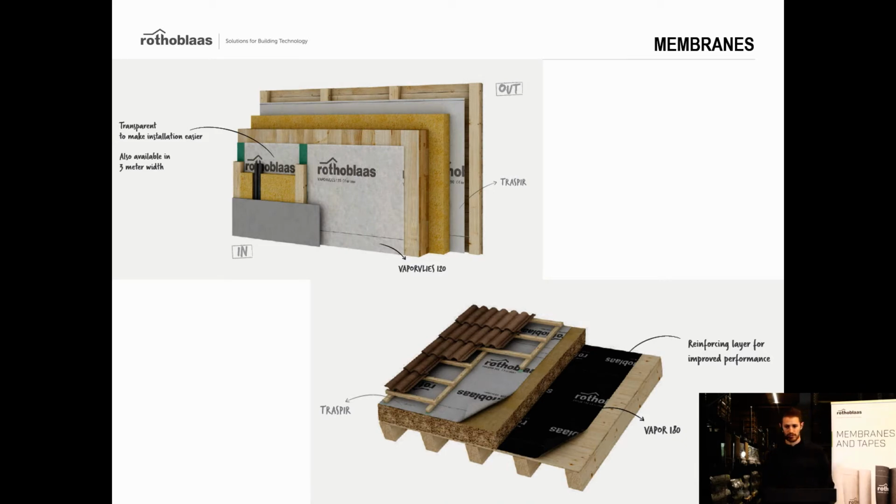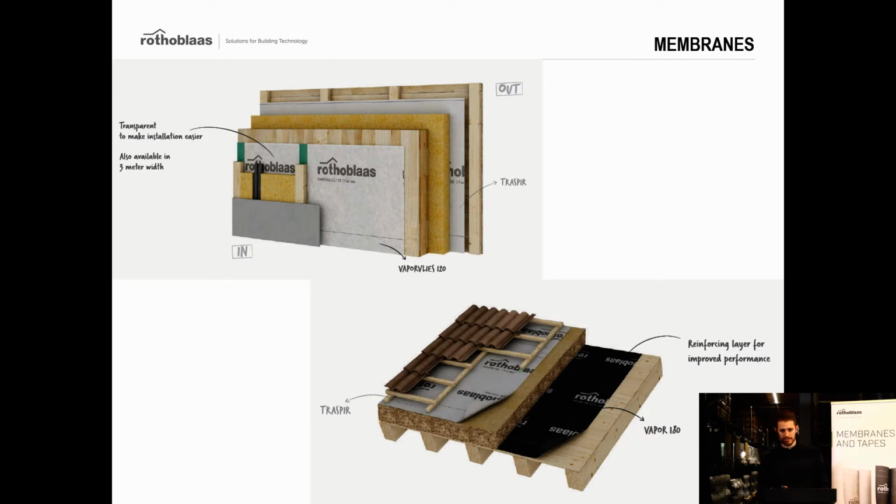And I want to explain something better. So you would say, why choose this vapor control layer when you have another membrane that can stop completely the vapor from getting in? So that's a very good question.